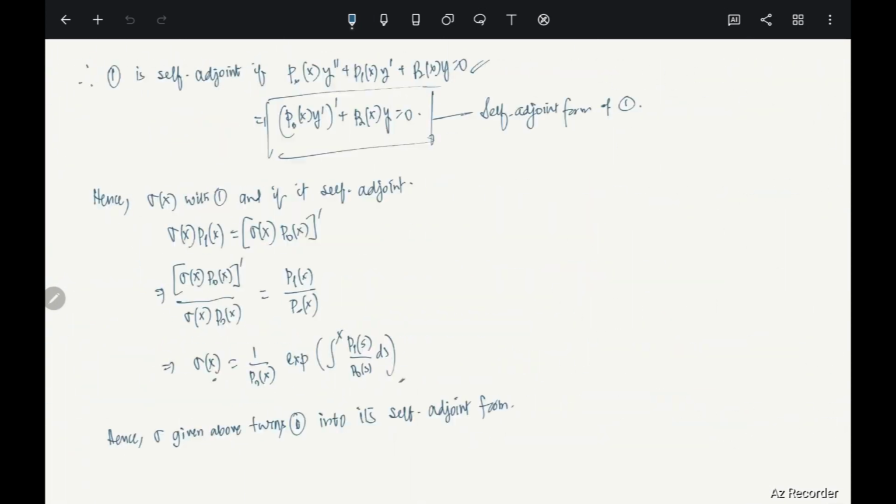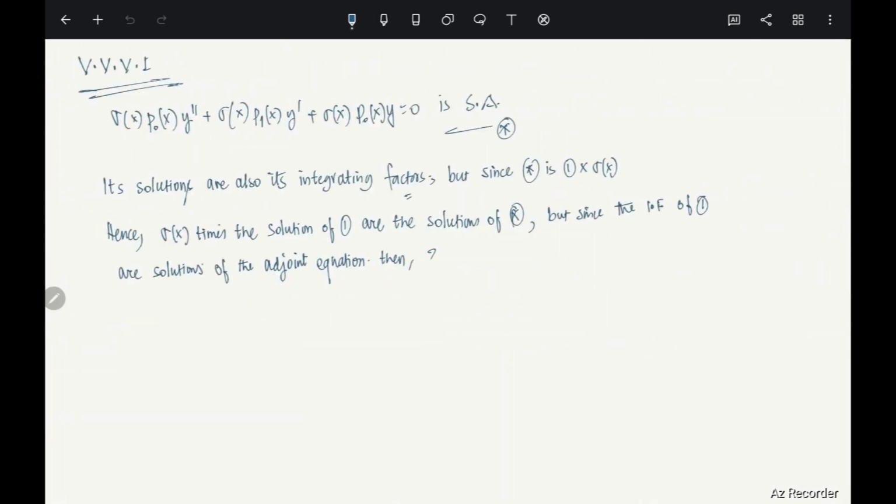So z of x can be written as sigma x times y of x, no?